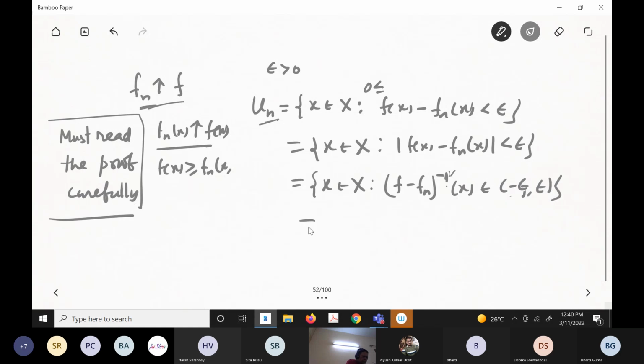So actually it means you could write straight here. Actually, I should have one more bracket.